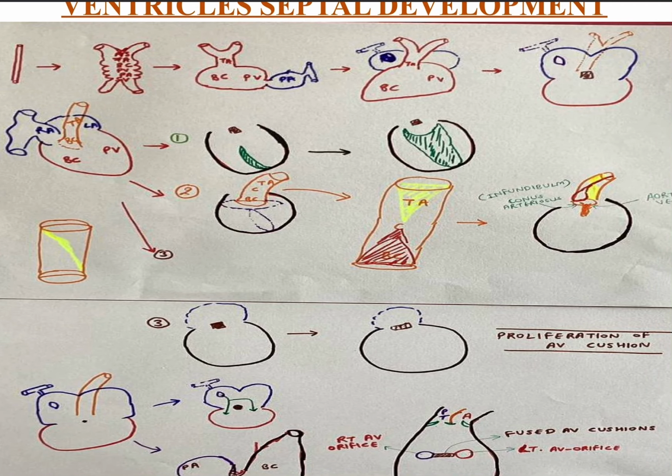We are aware that two heart tubes form a single heart tube like this. This single heart tube starts dilatation and constriction. Lowermost part is sinus venosus, then primitive atrium, then primitive ventricle, then bulbus cordis and truncus arteriosus. Bulbus cordis and primitive ventricle form the right ventricle and left ventricle. We are going to focus on this area. This is the bulbus cordis and primitive ventricle, and above it is connected through truncus arteriosus.